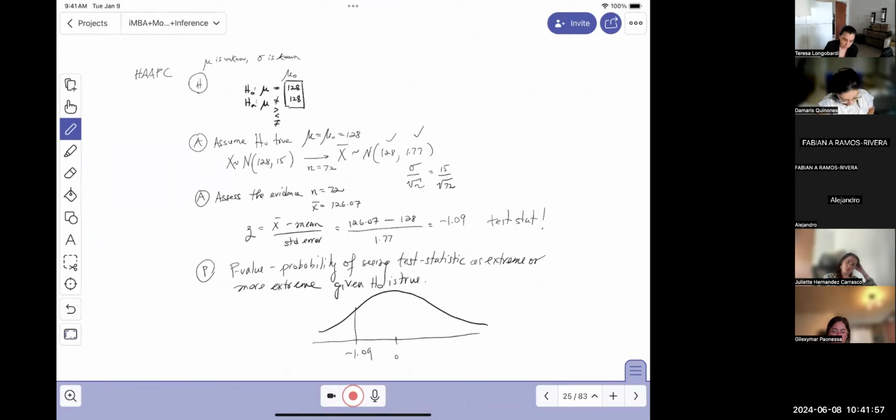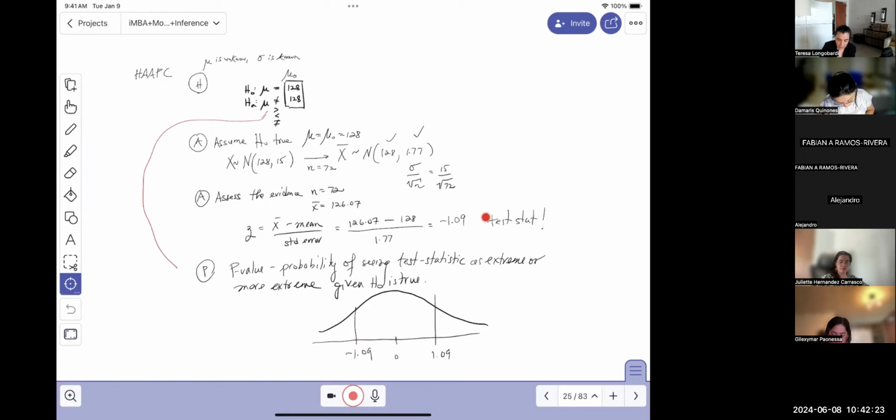And remember, in the P step, I have to go back to this symbol. Because it's not equals, I have to test if it's lower or higher. So I'm going to draw that as well, but on the other side as a positive. So that's when it's not equals. I got to go on both sides and I draw like this.